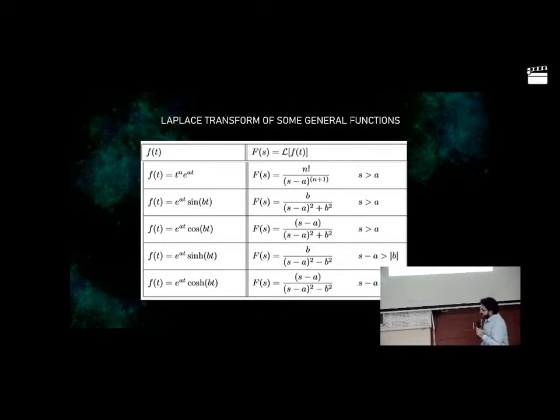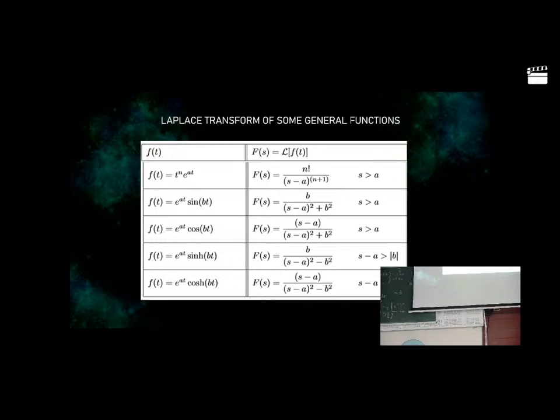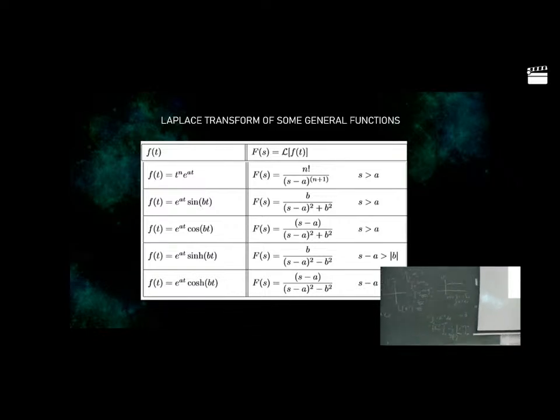Now suppose you have the Laplace of sin at. It is given by a by (s square plus a square). Suppose I multiply this with e to the power minus at. Can you tell me what will be the Laplace transform?